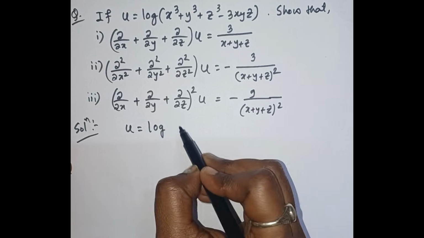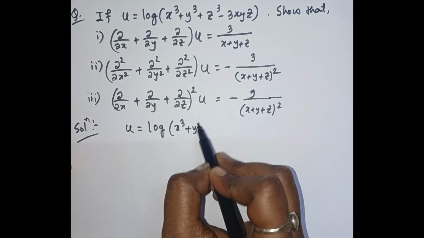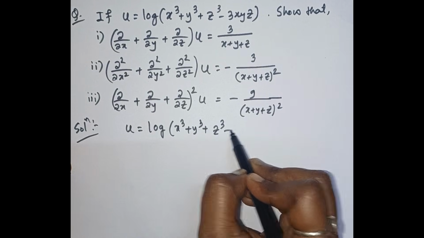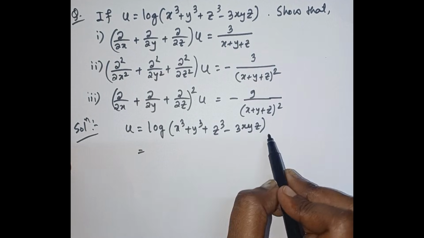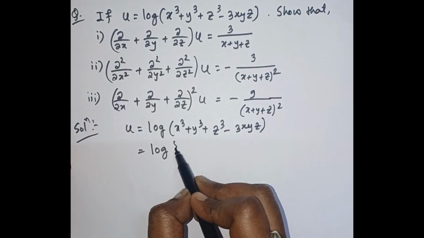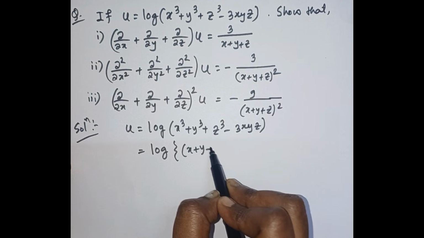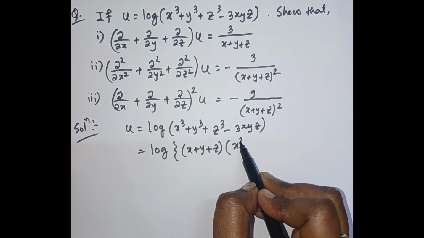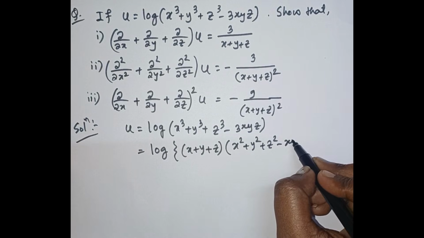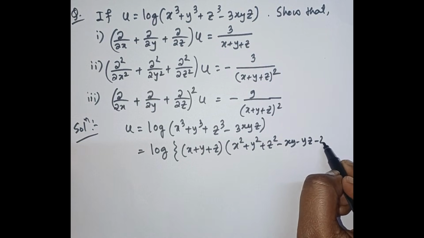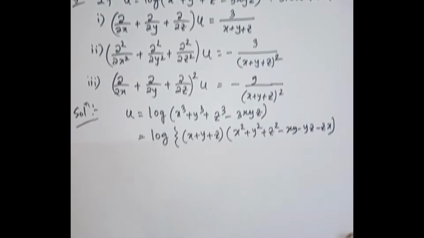Let u equal to log of x cube plus y cube plus z cube minus 3xyz. This is the given function. So you know that we can expand this, the formula is x plus y plus z into x square plus y square plus z square minus xy minus yz minus zx.